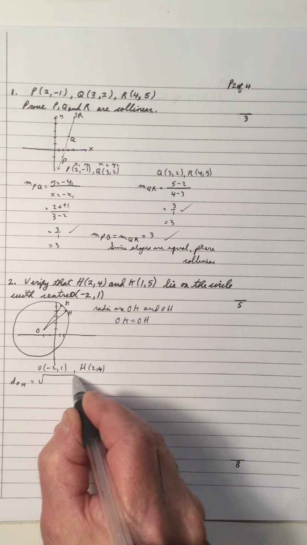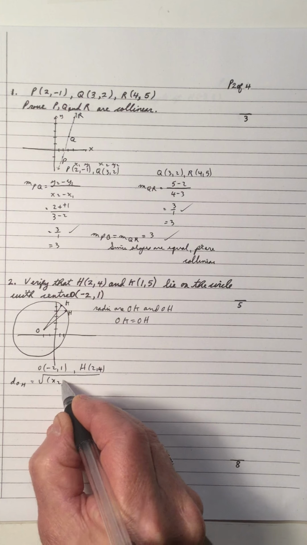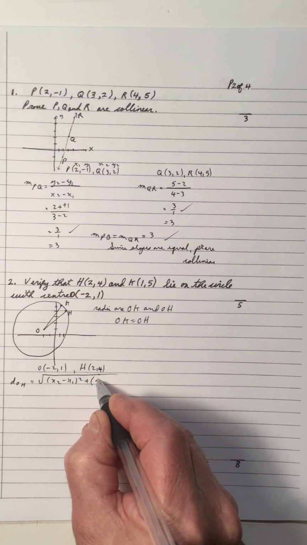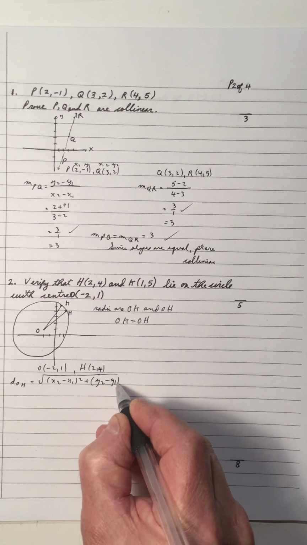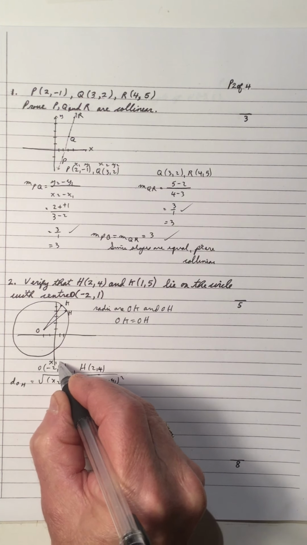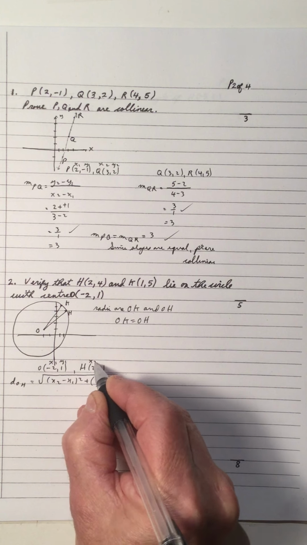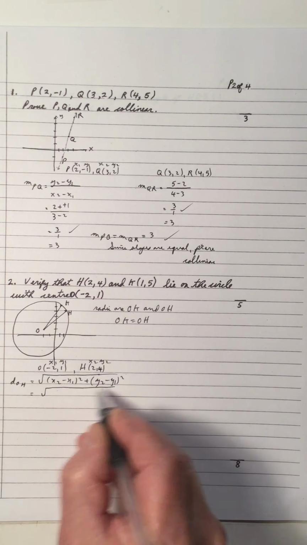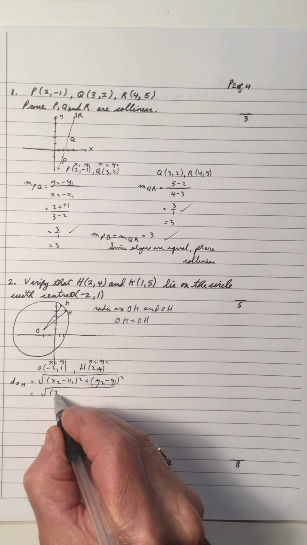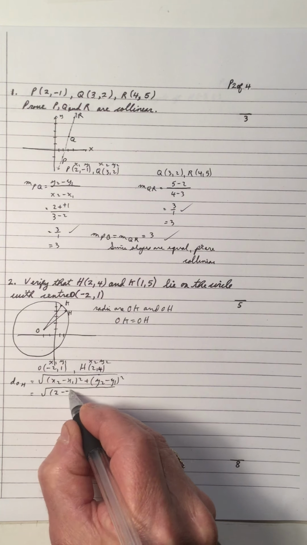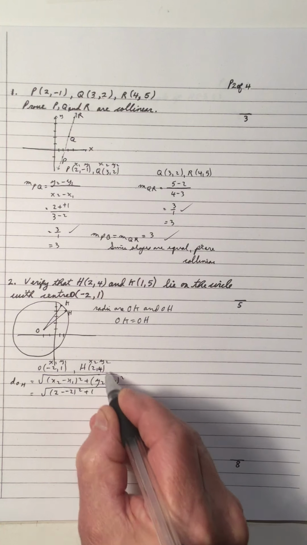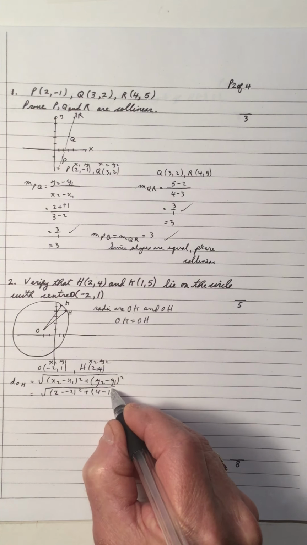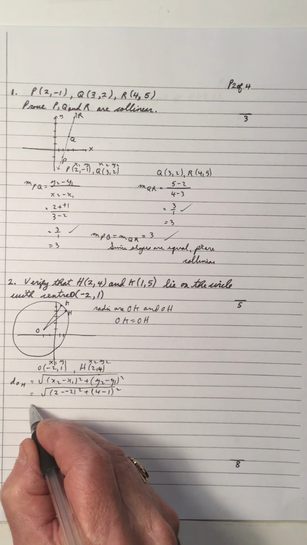So the distance formula is the square root of (x2 minus x1) squared add on (y2 minus y1) squared. This is x1, y1, x2, y2. And so x2 is 2 minus negative 2. y2 is 4 minus y1, which is 1, squared.